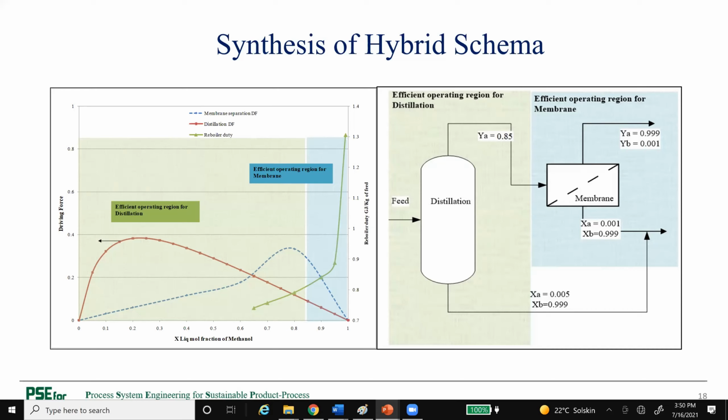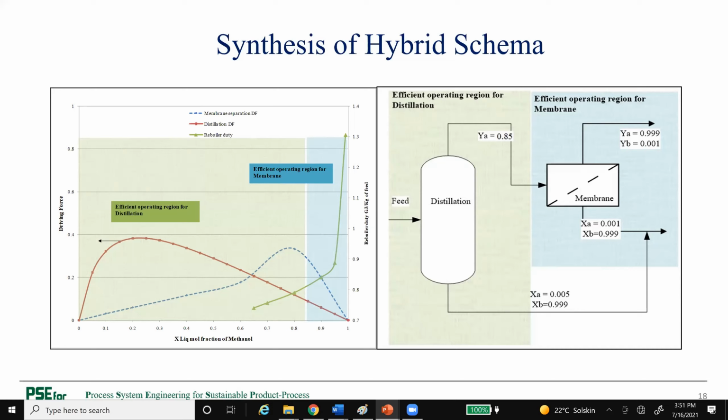Now, when we talk about the membrane, you will think that the membrane should take the two compounds, let's say the light and the heavy, and the permeate will be the light compound going from, let's say, 95% to 99%. That would be the typical thing that people would think of, but that's not what we are talking about.